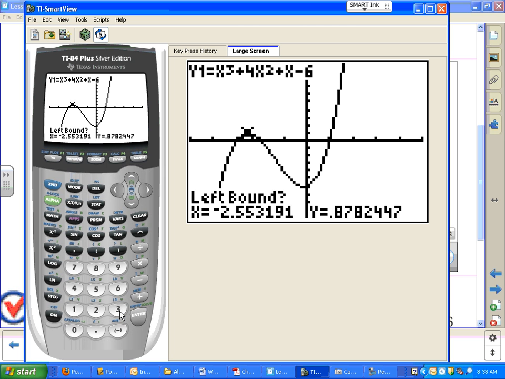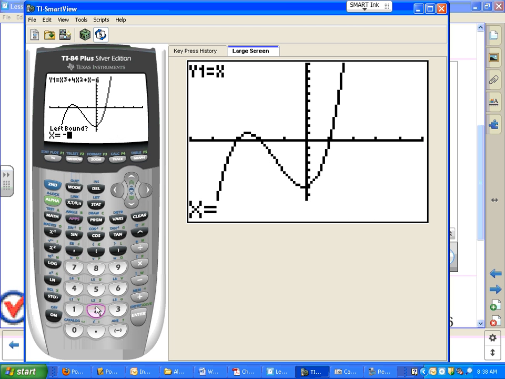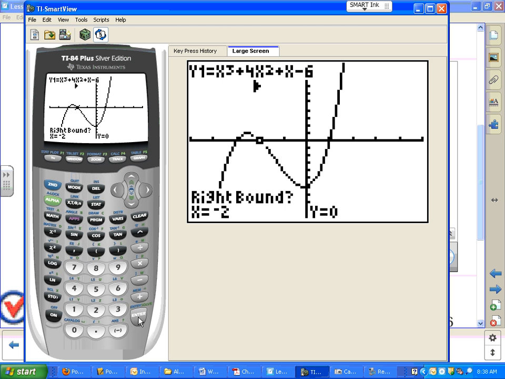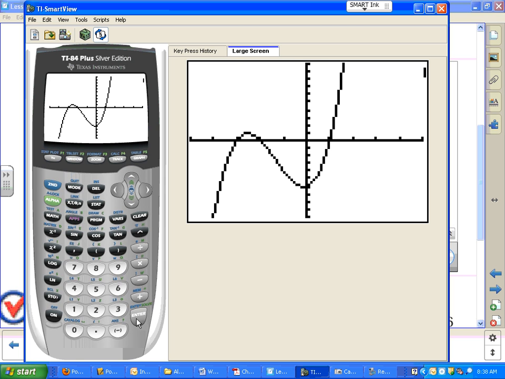Okay. So we could cursor over here a little bit if we want. All we need is any number to the left of that minimum. I could use negative 2 again if I wanted to. I could use that 0. Okay. And then for my right boundary, I could use the other 0. Okay. And then guess. And it says, it is a little bit closer to the x-axis than we thought.